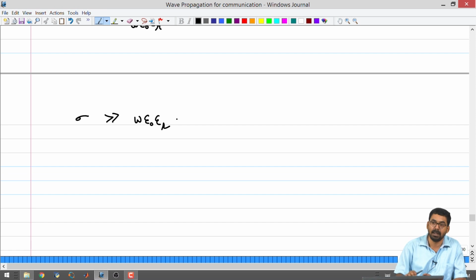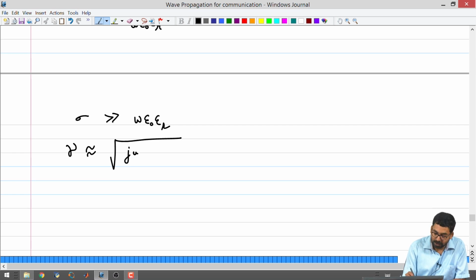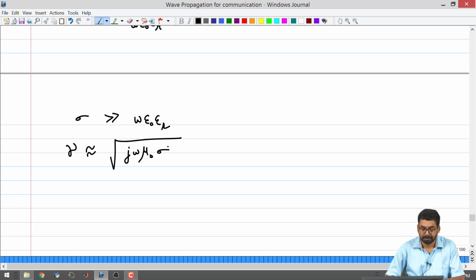That is why we are doing this in a number of ways. So, if sigma is very much greater than omega epsilon naught epsilon r, you can write down the propagation constant to be simply the square root of j omega mu naught sigma. Okay.